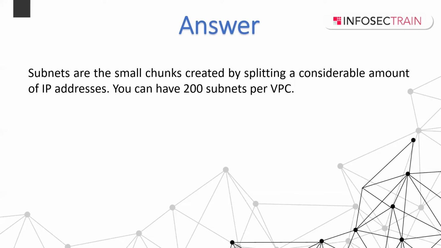A subnet is nothing but a small chunk created by splitting a considerable amount of IP addresses. These are the ranges that you mention while creating the VPC, right? So you have to mention the CIDR block when you are creating the VPC, and after that when you are creating a subnet, you can use that CIDR block.